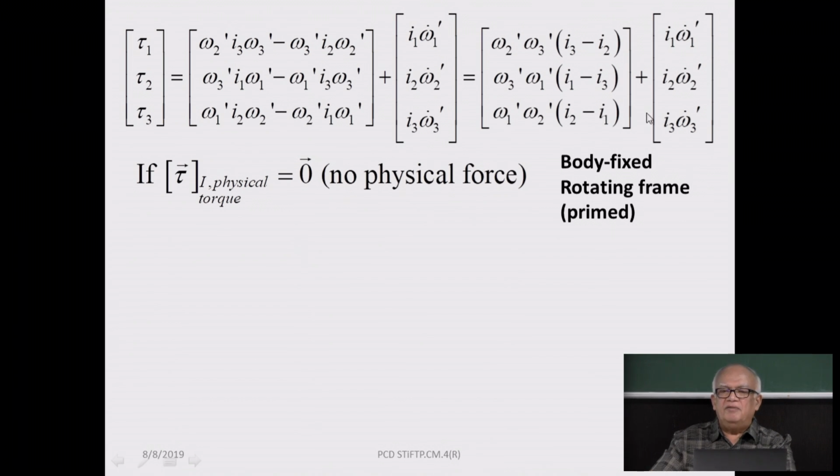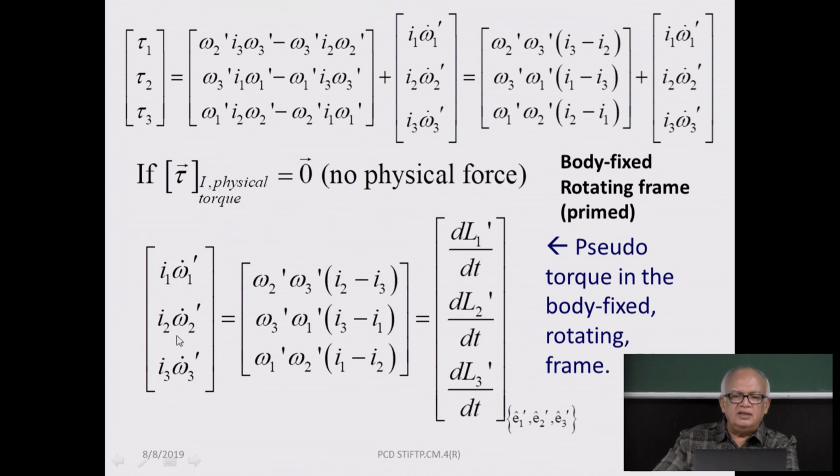So you have this term to be the negative of this, and this is the torque that you think is what is changing the angular momentum. But the angular momentum is not really changing in an inertial frame of reference. It is changing in the rotating frame of reference because the observer is rotating, not because the angular momentum itself is changing in an inertial frame of reference. So this is the pseudo torque.